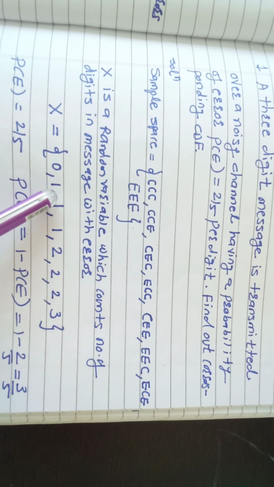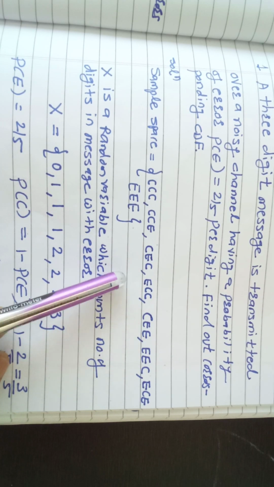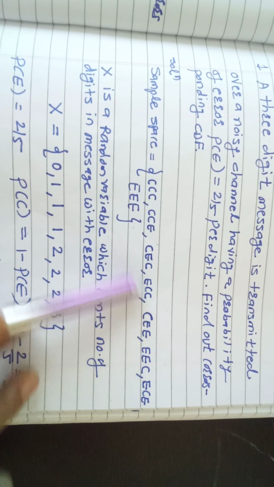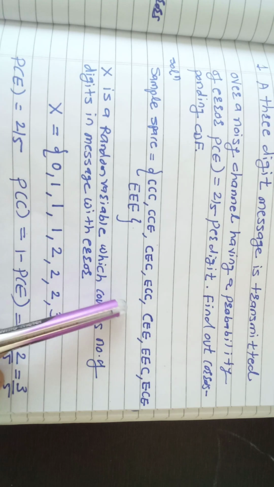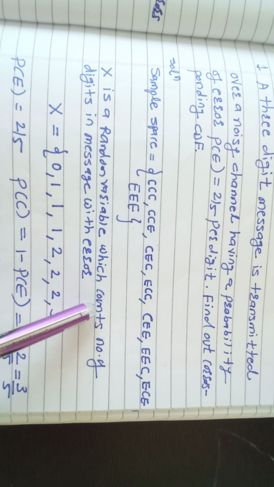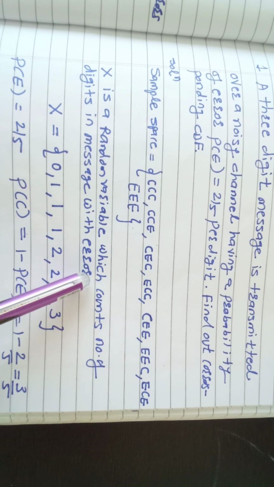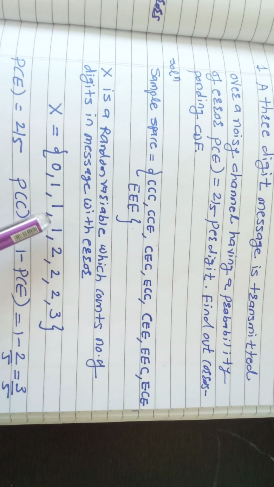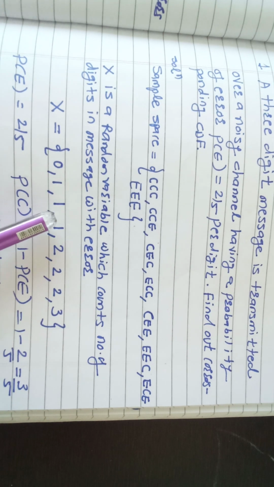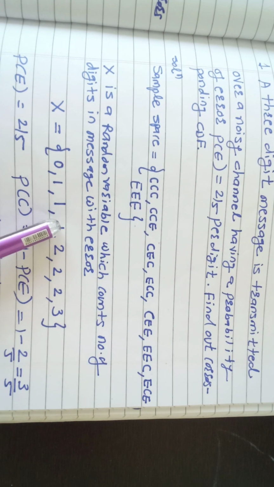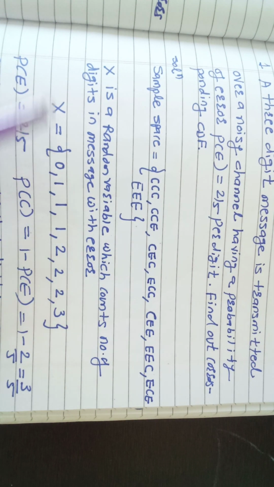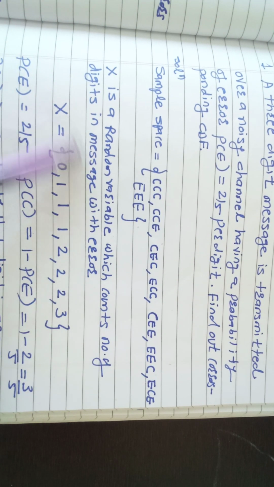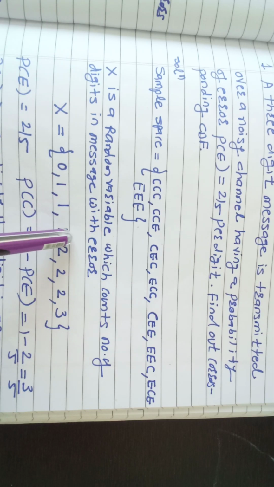Now after that you have to assign real values to the sample space. That is the work of a random variable, which assigns real values to this sample space. So x is a random variable which counts the number of digits in the message which are with error. You could also define x as the random variable which counts the number of digits which are not in error, but here we are defining it as counting digits with error.